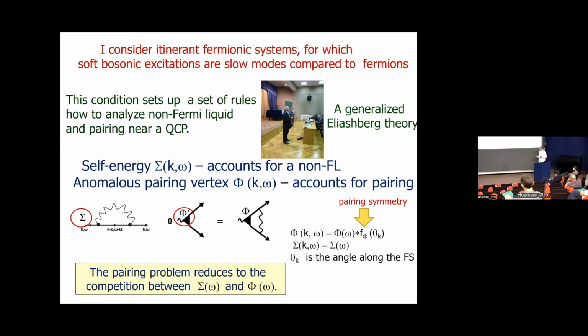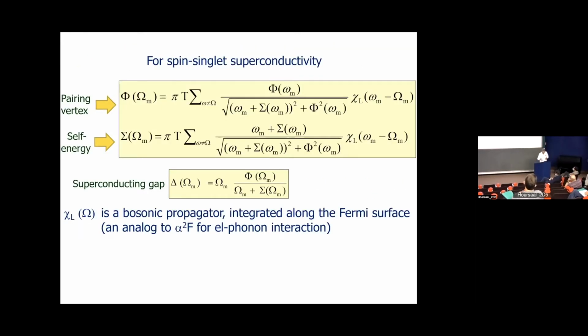And these two guys compete with each other. So the story about competition between non-Fermi liquid and pairing is a story about competition of two frequency-dependent variables, which in theoretical words means that the problem becomes effectively one-dimensional. It's 0 plus 1 dimension if you like. And even simpler, we know how to write down equations.